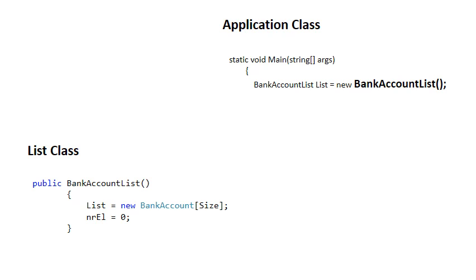It initializes the array, allocates memory for it, and it sets number of elements to 0. How is this used in the application class? When you initialize the object list, which is an instantiation of bank account list, in that declaration you call the constructor bank account list, which does the original initialization.